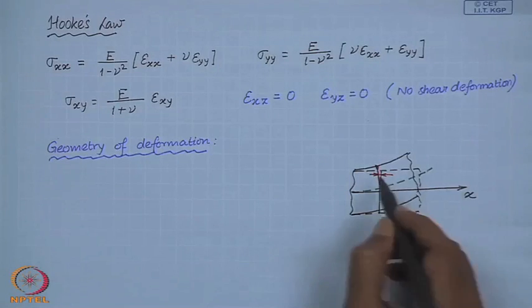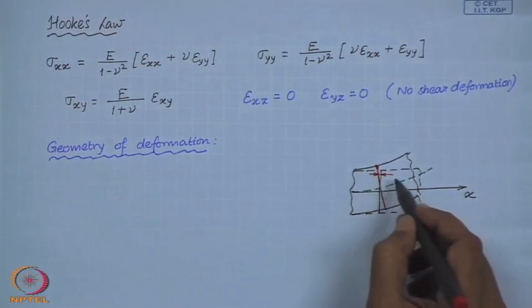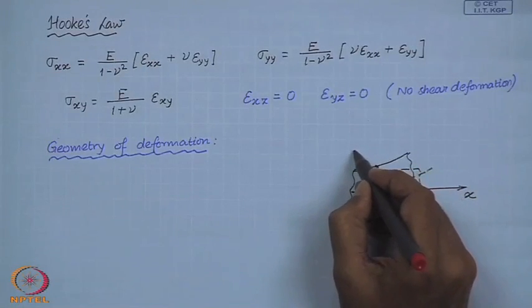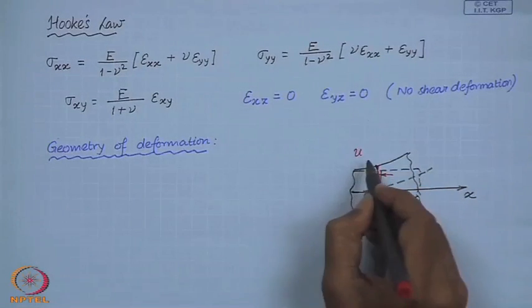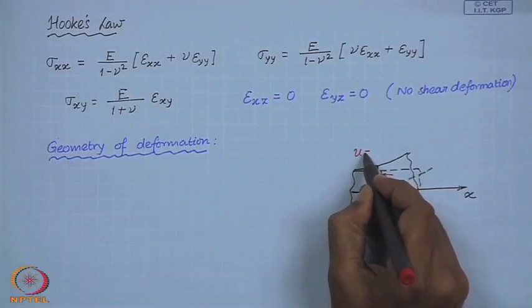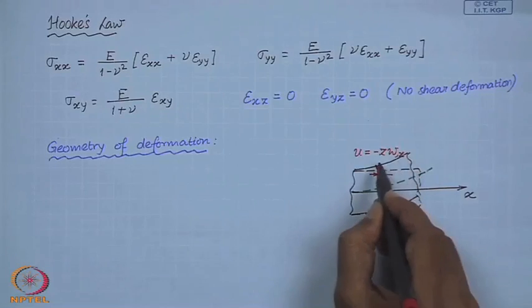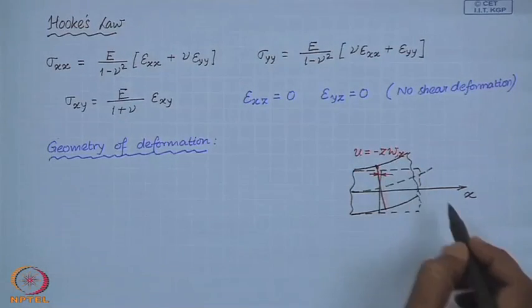So, the displacement in the direction of x, if you call that displacement u, can be written approximately as minus z times del w del x.